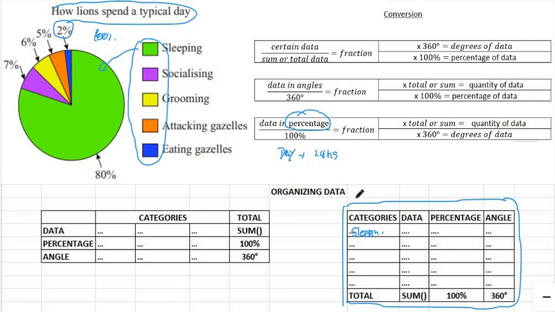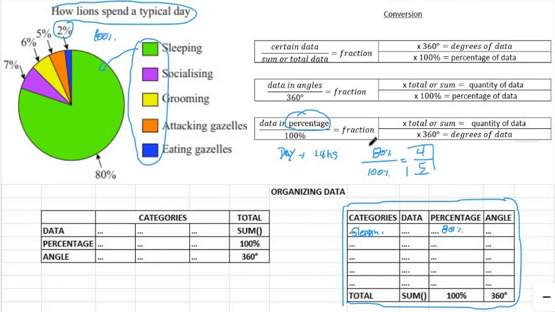And for sleeping, what is the percentage? 80%. 80% divided by 100%. Is this a fraction? Okay, this is 4/5. So the percent is 80%.